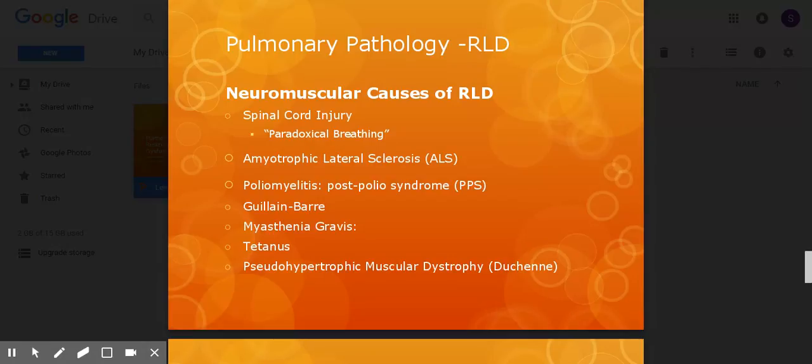So as the diaphragm is pulling down, you will actually see a pulling down of the chest wall rather than an expansion of the chest wall. And this is what's referred to as paradoxical breathing.